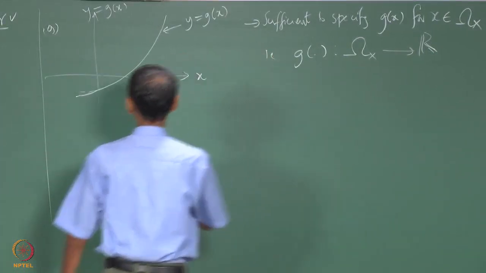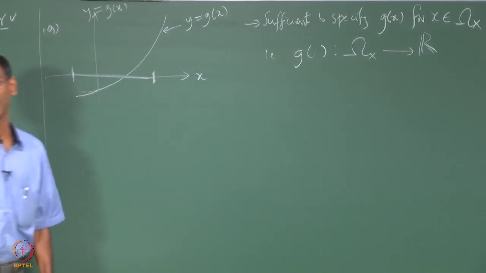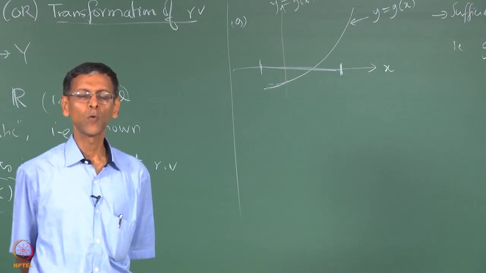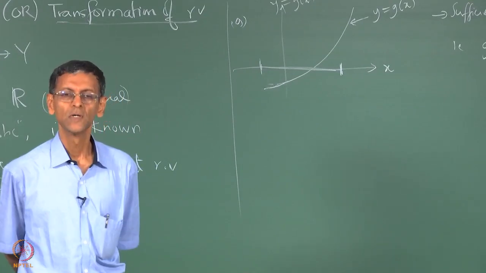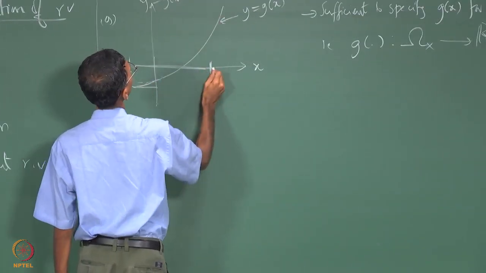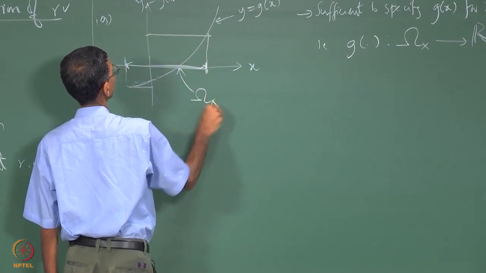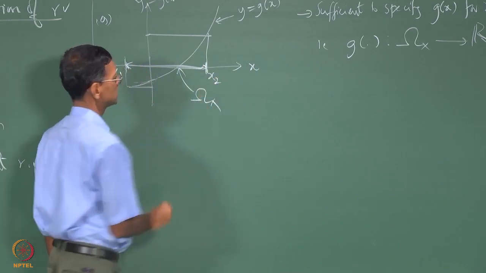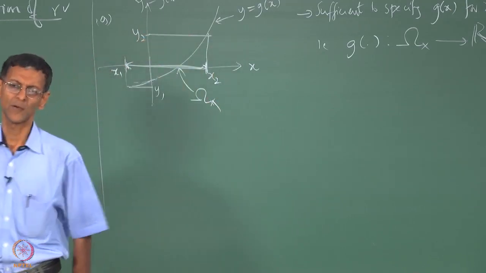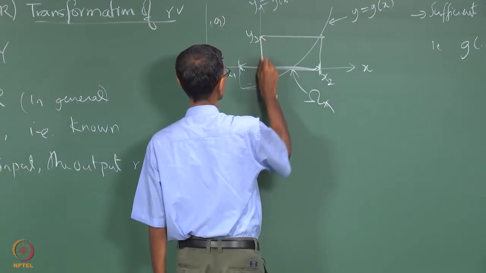So, here, supposing this is my omega x, let us say my random variable x is only going to take values in that interval. What does this mean for y? First of all, what is the set of values I will observe at the output? With respect to this particular function, if this is my omega x, let us say from x1 to x2, then I will only observe values from y1 to y2.